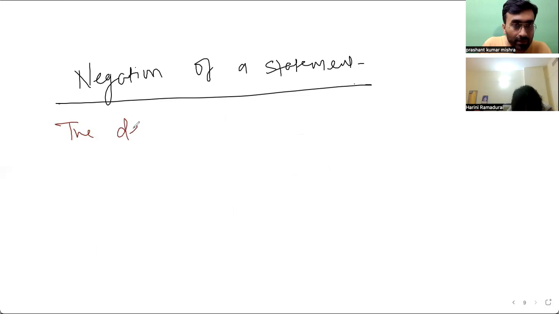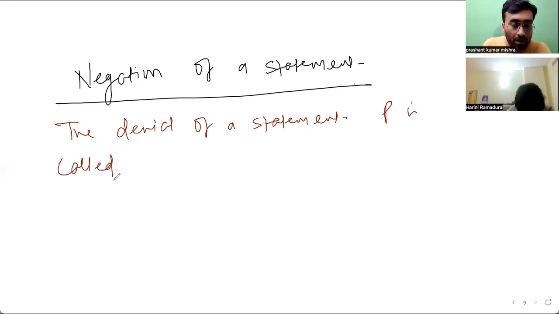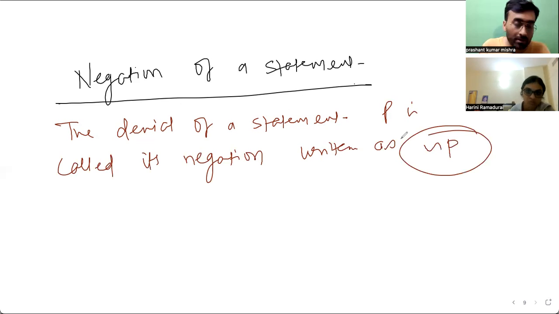The denial of a statement P is called its negation, written as negation of P.